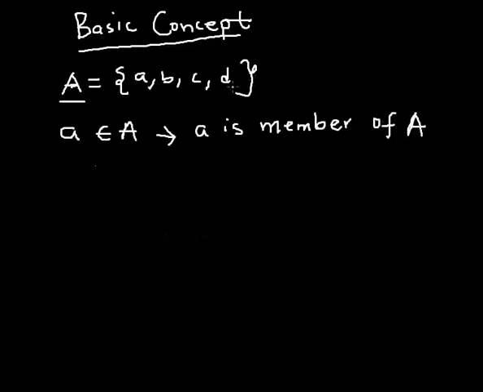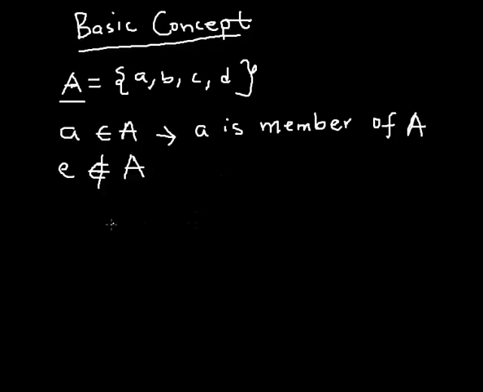But since this particular set doesn't have e, how do I say that e is not a member of this set? I use the same symbol, but I cross it. I simply say that e is not a member of A.